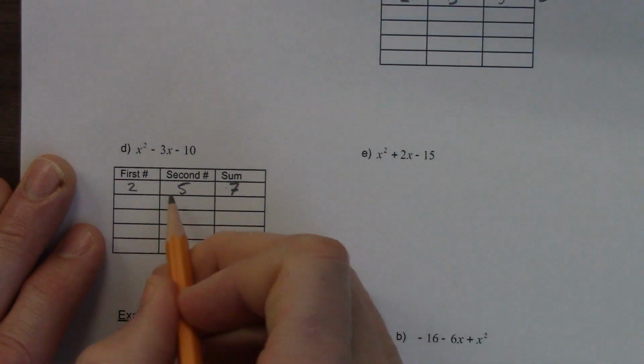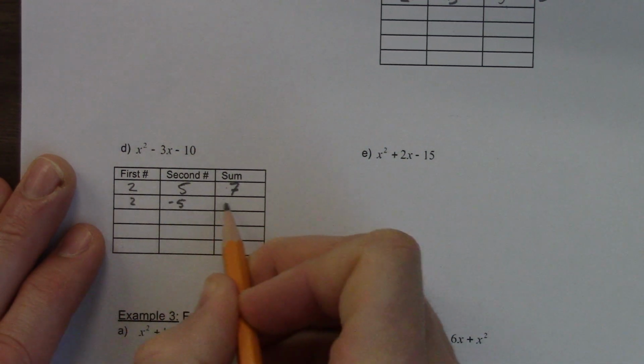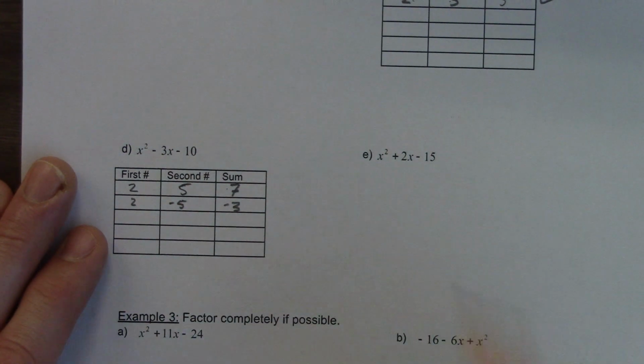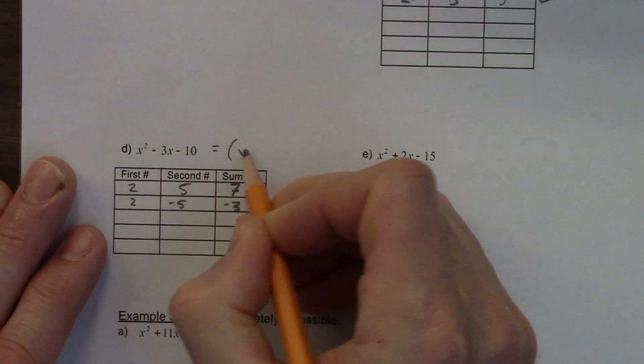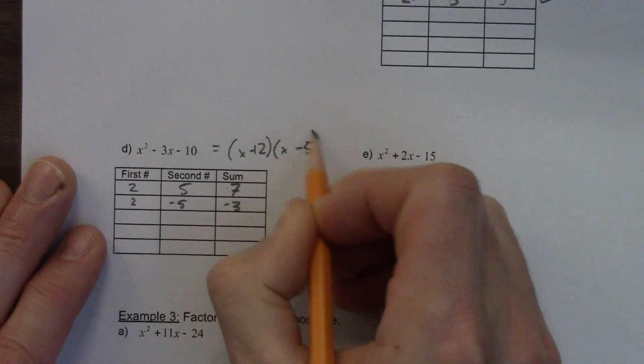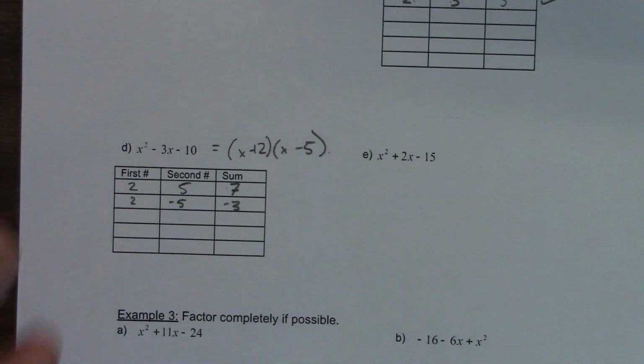But if we sum 2 and negative 5, we get negative 3. And 2 and negative 5 gives us negative 10. So therefore, our answer would be x plus 2, x minus 5. Yep. Almost done.